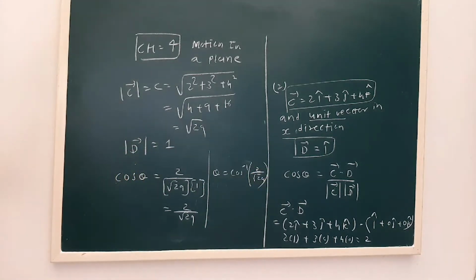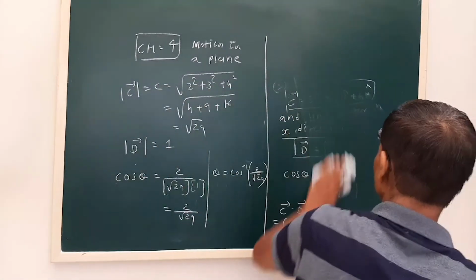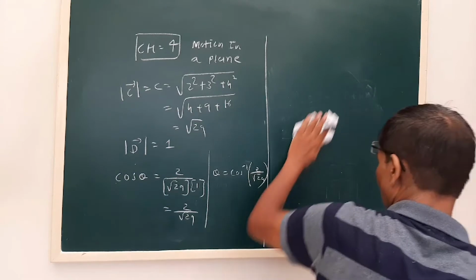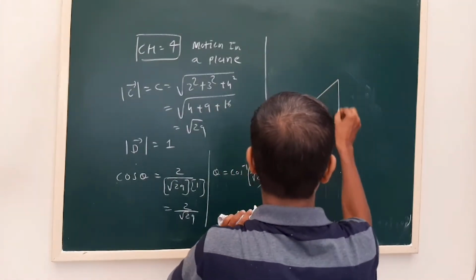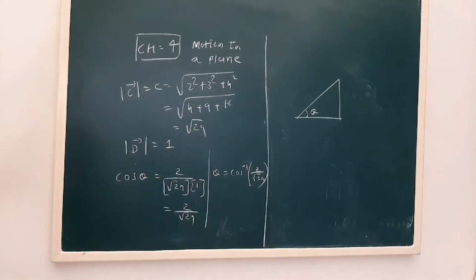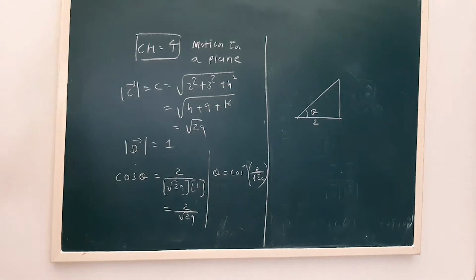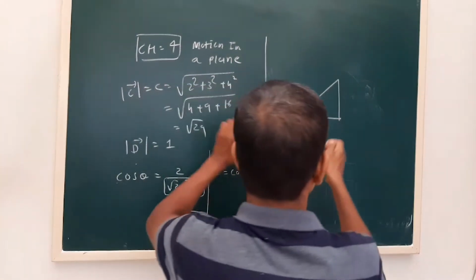Now, theta can be given in the form of sine or tan also. In that case, how to proceed? Let us see. Property of a right angle triangle: cos theta is 2 upon root 29, and trigonometric cos theta is adjacent upon hypotenuse.